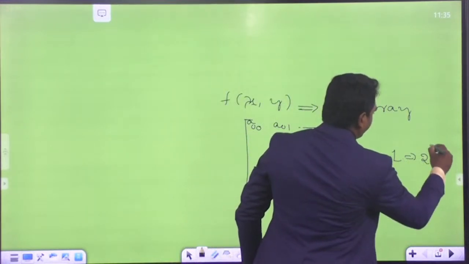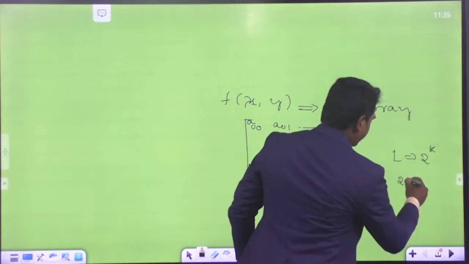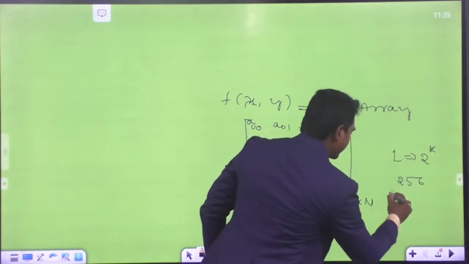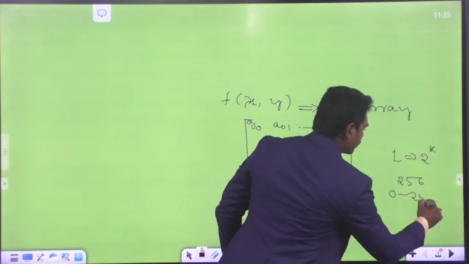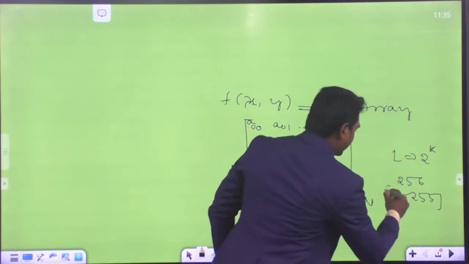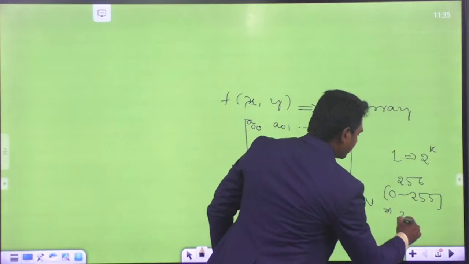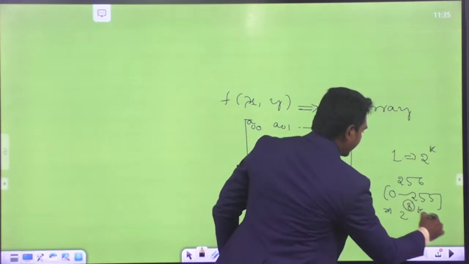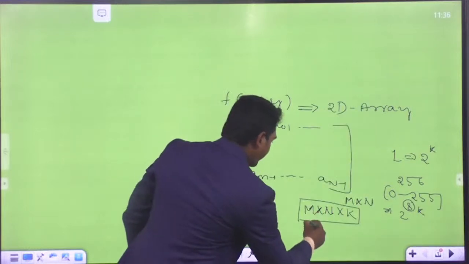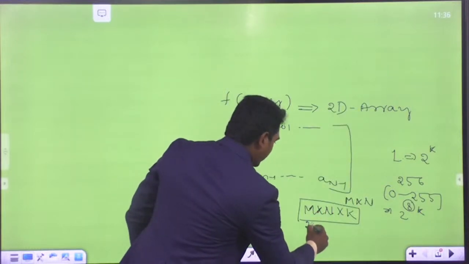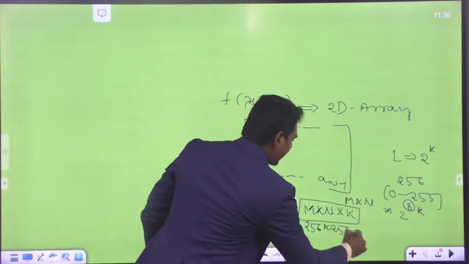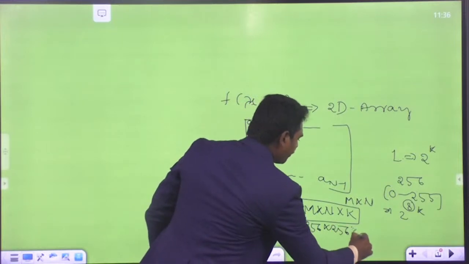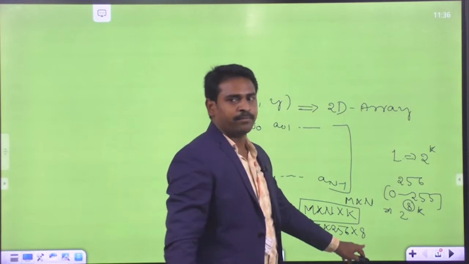For example, if I have 256 intensity values, those 256 intensity values can be represented with 0 to 255. And this 256 can be represented with 2 power 8. So this 8 indicates the K value. Therefore, for example, if I have 256 rows and 256 columns and I have an 8-bit image, the K value will become 8.